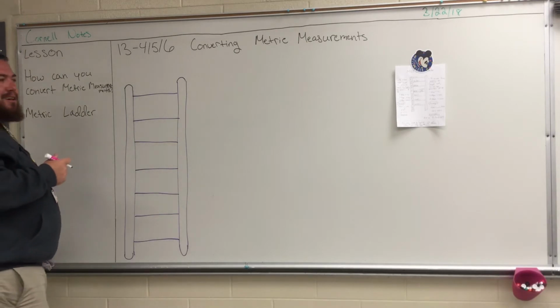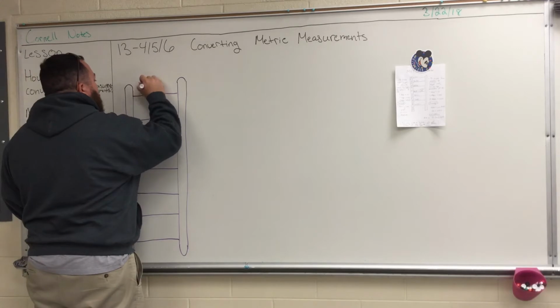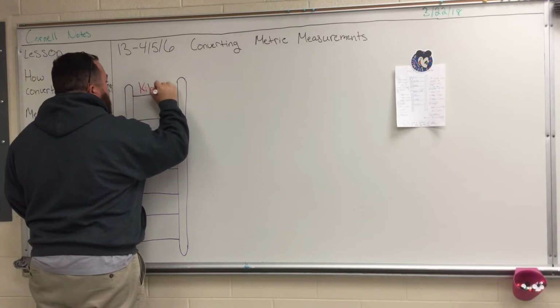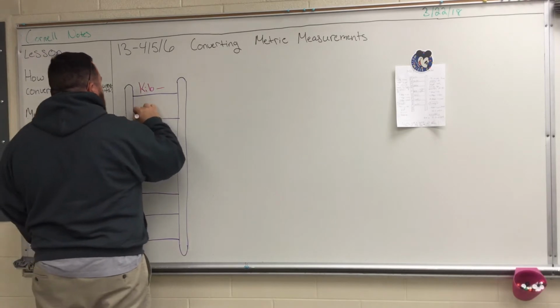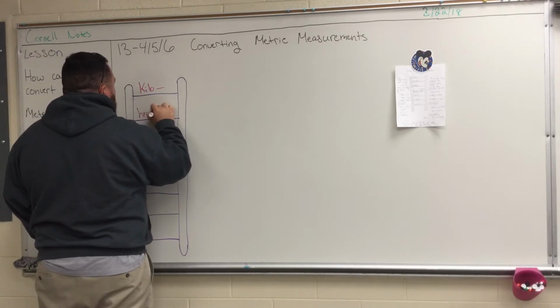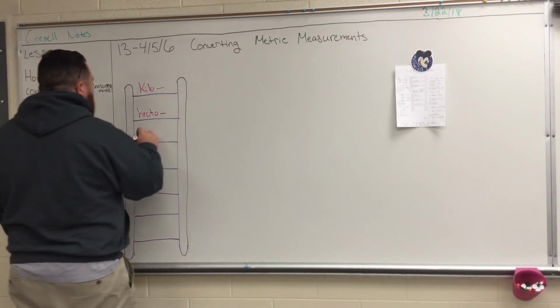Alright? So, on the very top of our ladder, we're going to have kilo. The second rung of our ladder is going to have hecto. Then we're going to have deca.